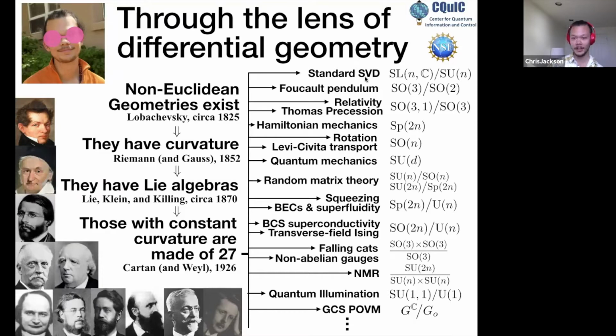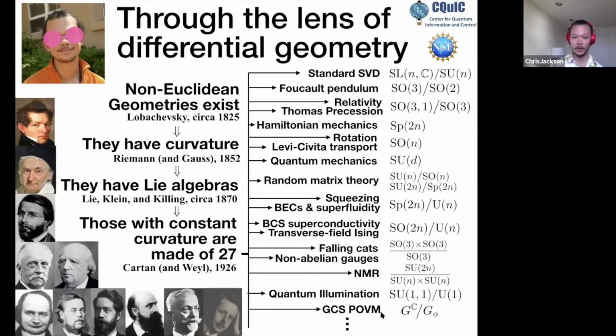And in fact, the perspective is the same if you think about things like pendula moving around the Earth, relativity in space-time, Hamiltonian mechanics, rotations, quantum mechanics, random matrix theory, optical squeezing, transverse Ising models, my favorite, falling cats, nuclear magnetic resonance, and quantum illumination, something that was actually demonstrated by some friends of mine recently. This is also just a different way of thinking about matrix decomposition. And the one I'm going to talk about today is the relationship of these with what's called the generalized coherent state POVM.